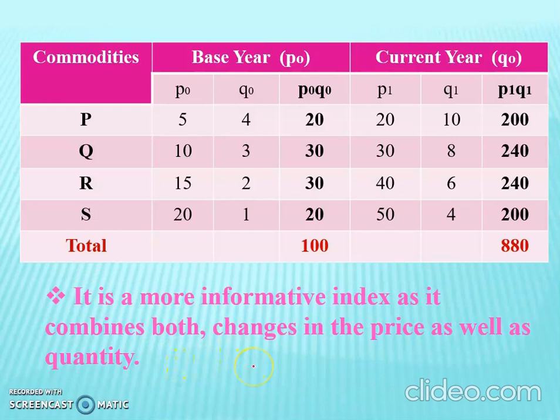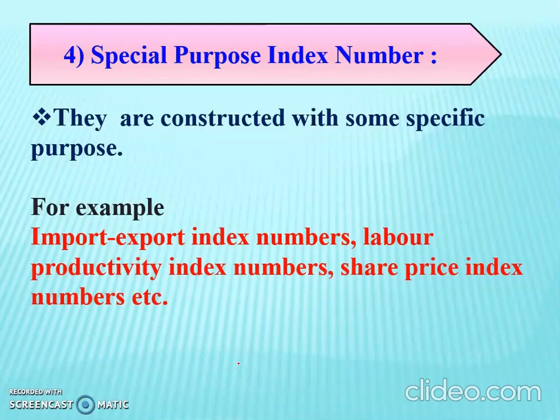So calculating the value index number is very beneficial for analysis because it contains the price as well as the quantity. We analyze exactly what changes have taken place in the value of a product with the help of the value index number.